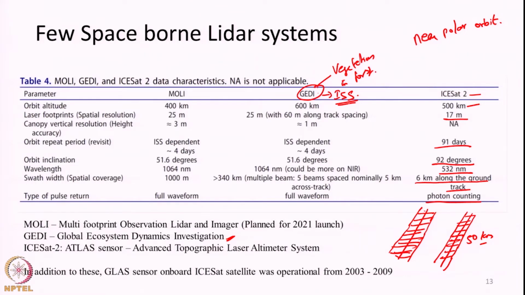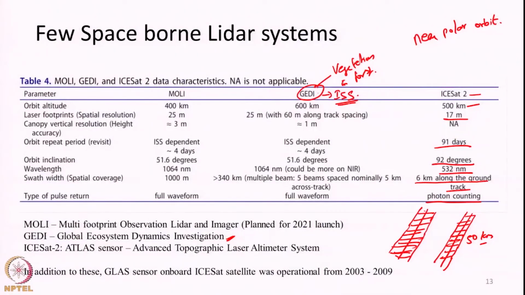There is another sensor called ECOSTRESS. There are multiple remote sensing sensors now being housed in the International Space Station. It is not a satellite, we all know, it is kind of a space based research observatory which is orbiting in a low earth orbit.